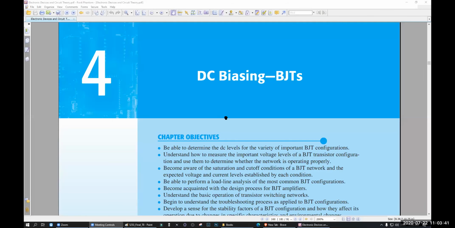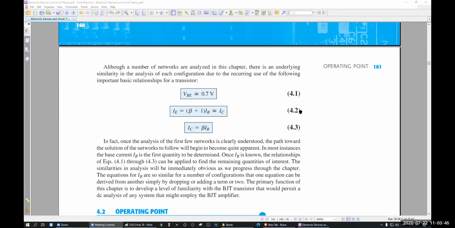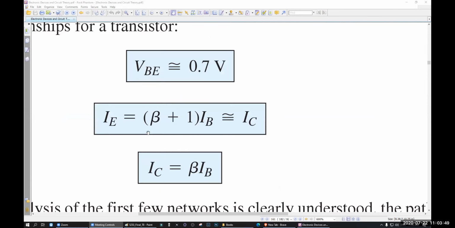So today we will be seeing DC biasing. There are 4 techniques of DC biasing. Remember this, we have already known: VBE is equal to 0.7, IE is equal to IC plus IB. Let me show you this equation.